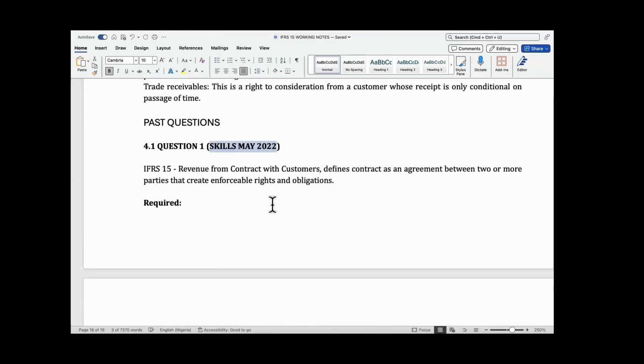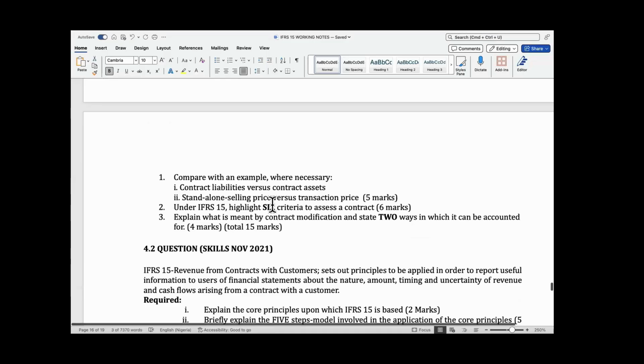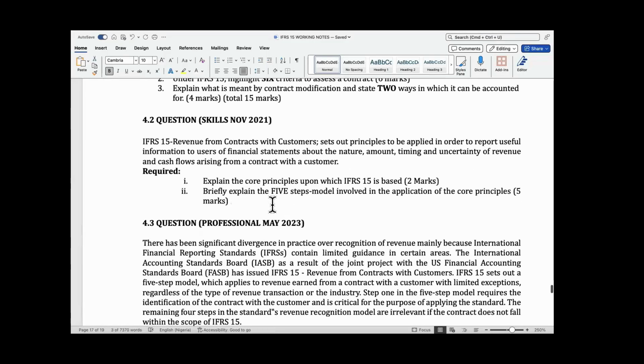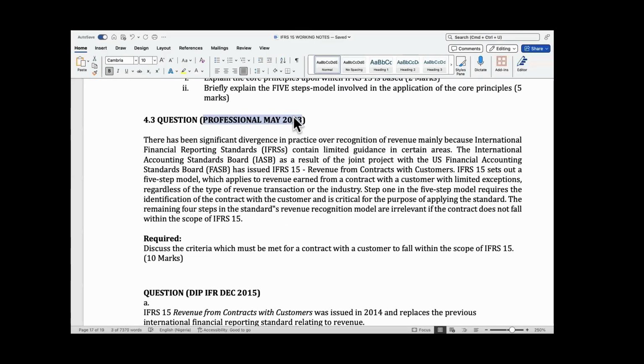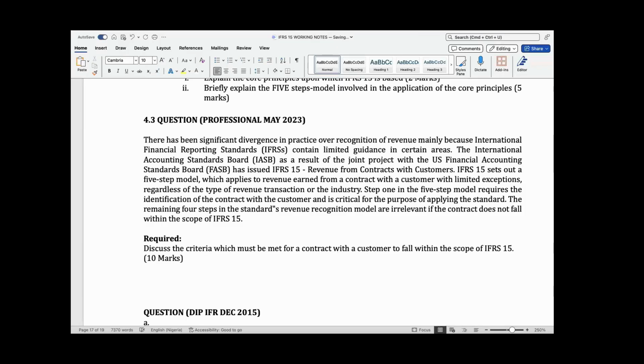This is a question at skills level. This is another one at skills level. This is a question at professional level, 2023. They say required, discuss the criteria which must be met for a contract with a customer to fall within the scope of IFRS 15.